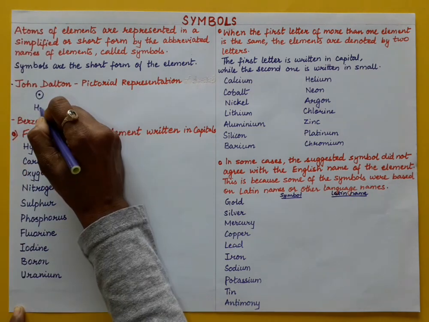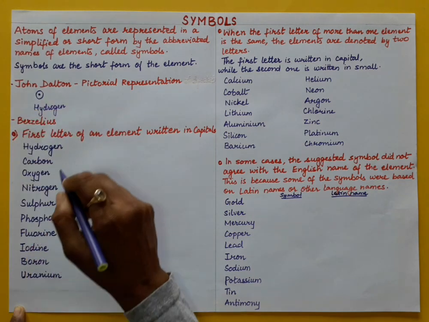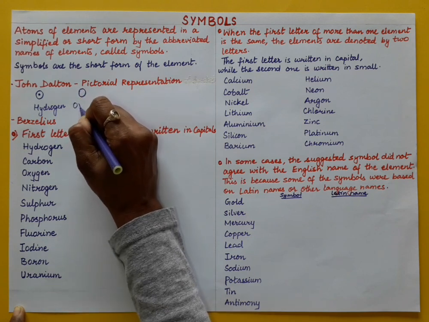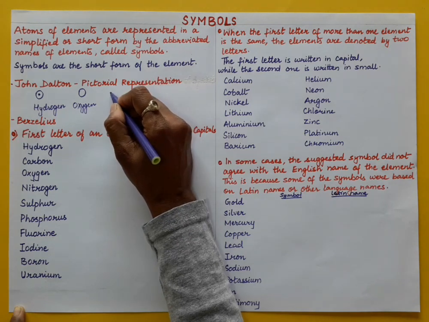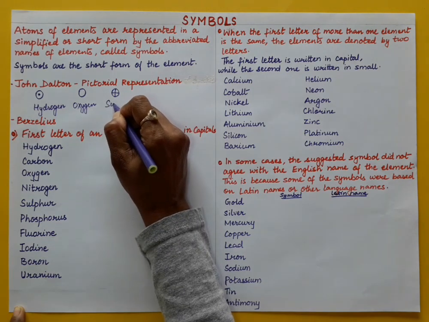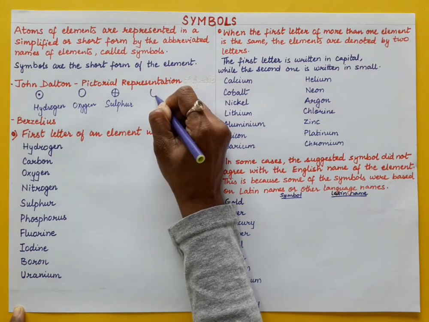Simply a circle was given for oxygen. Sulfur's pictorial symbol was this way. Then the phosphorus symbol was something like this.